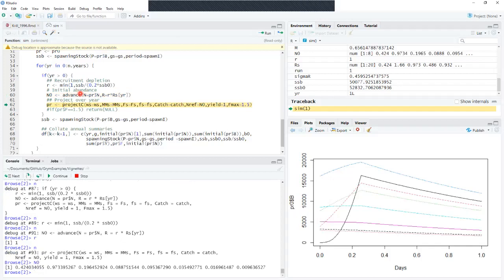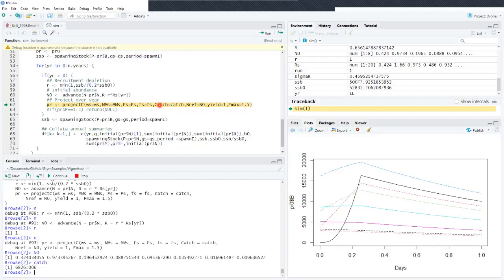Okay, this project C actually projects forward over a year, but tries to ensure that we get the catch we're trying to target. So remember, we're trying to target 10%, which turns out to be 6826.00 something.